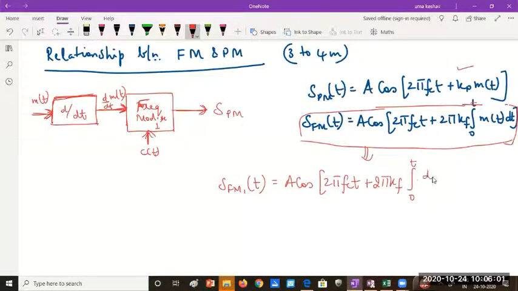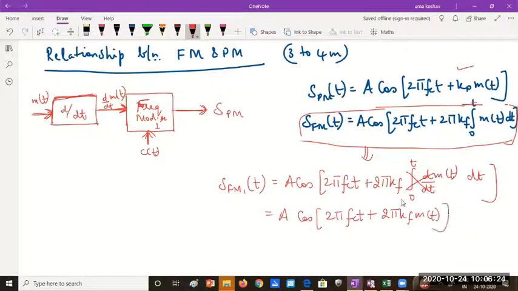We are giving the differential of the message, d by dt of the message, dt. What happens? Integration and differentiation will cancel out with each other. You are going to get A cos of 2 pi Fc t plus 2 pi kf m of t. That's it. So what's the only other thing which we should consider to make these two equations equal?